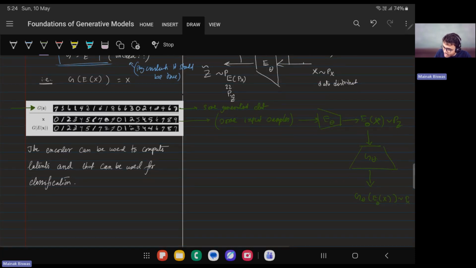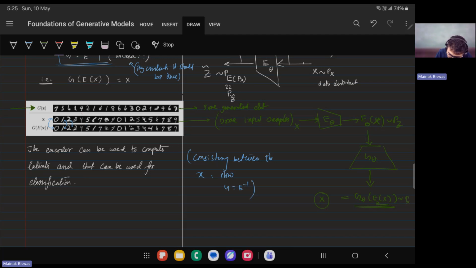And I have shown that this model that I've trained is indeed equal to X. So there is consistency between the X, showing G equal to E inverse. You can clearly see for 0, it generates 0, for 1, 1, 2, 2, and so on.